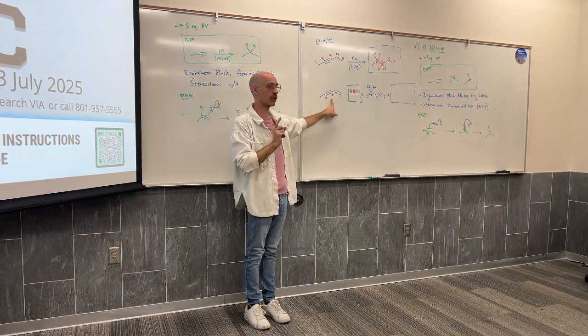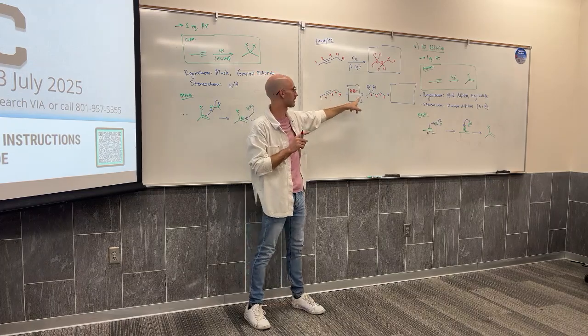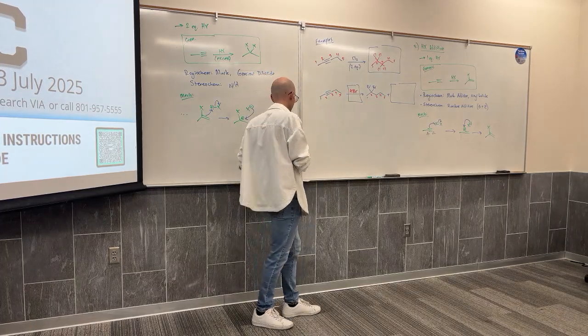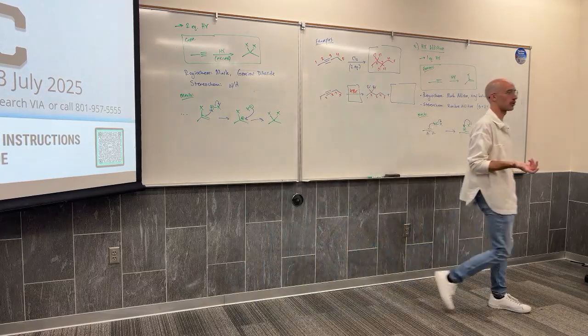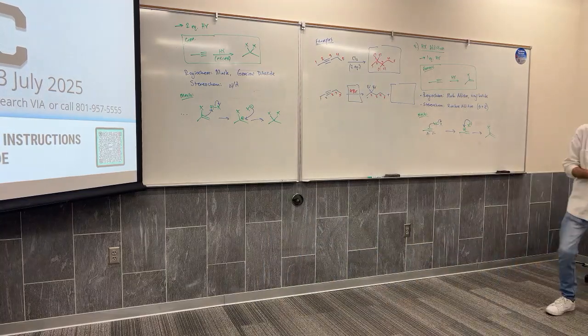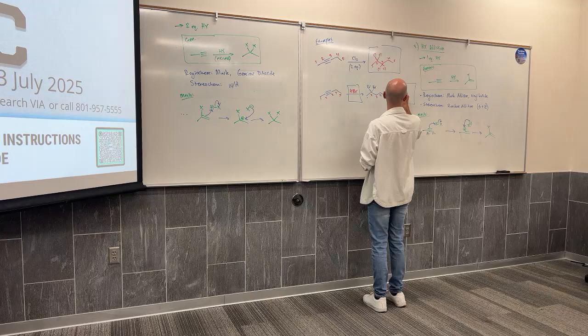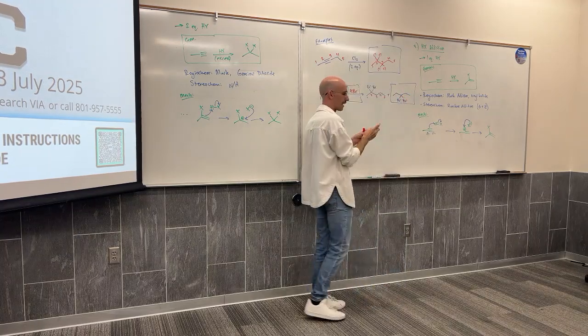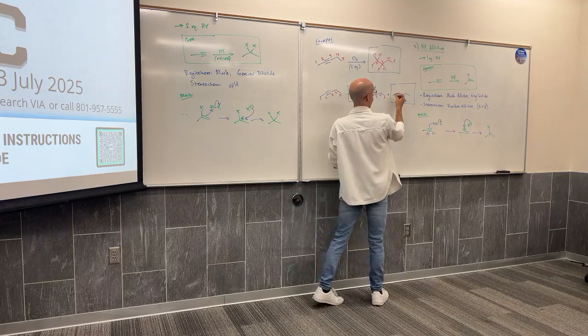Even internal alkynes still give us geminal dihalides. But if it can give me a geminal dihalide on carbon 2, which is equally substituted as carbon 3, then I should also be able to get a geminal dihalide on carbon 3.